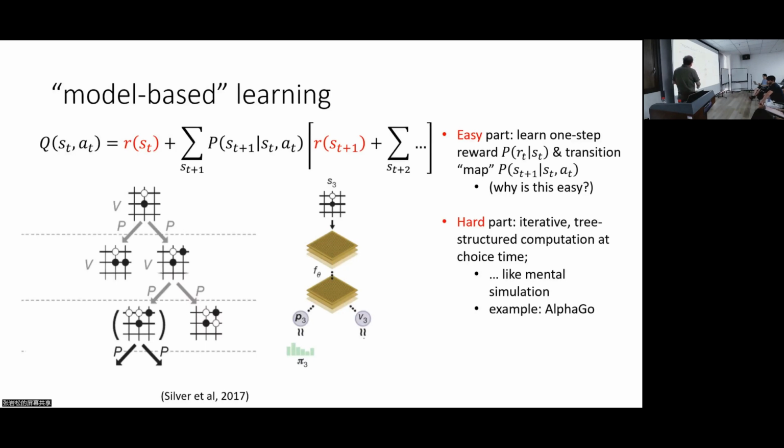But in principle, and it's a big principle, if you knew this function R, which is basically an indicator for which board positions are winning, and you knew this P, which is about how different moves, which moves are legal and how they change the board, then solving this problem, starting from some configuration, all you have to do is work through the tree of future states, seeing where you find rewards and adding them up, right?